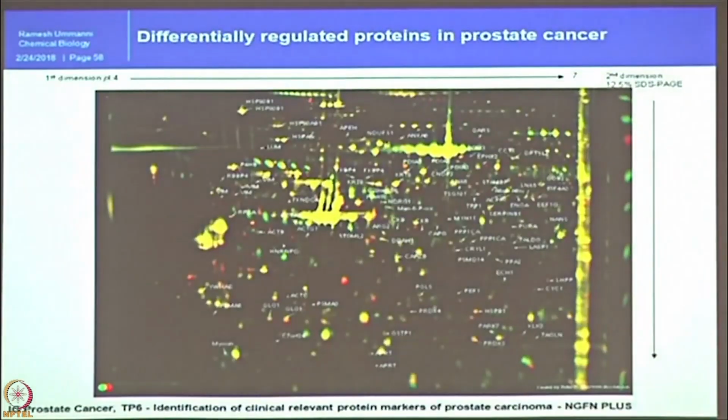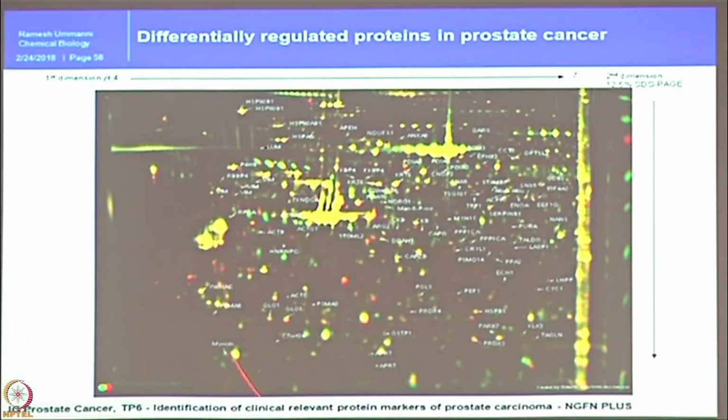Finally, we did RPPA. These are the different proteins which are differentially expressed specifically in cancer patients compared to normal or benign prostate hyperplasia in the surrounding tissues. But again, this list is around 112. To validate 112 proteins, I do not have enough lysate with me.